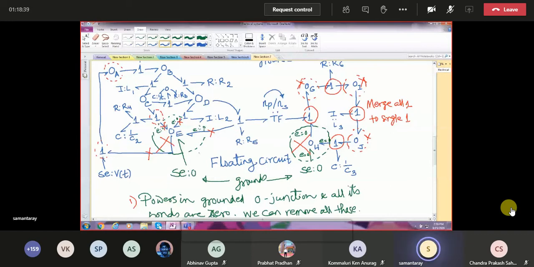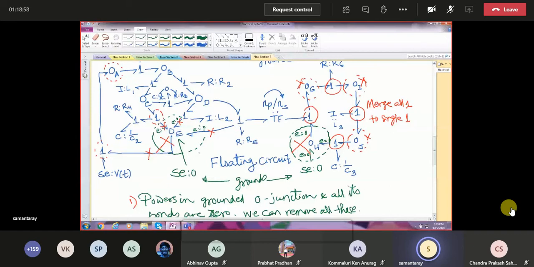So 0D has connection I is to L2, then a 1 junction R is to R5.